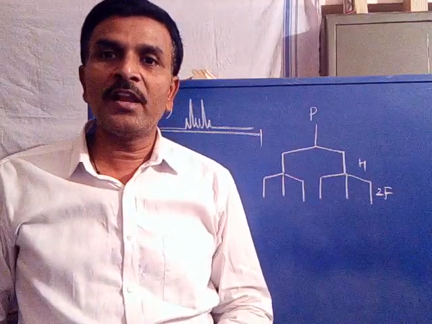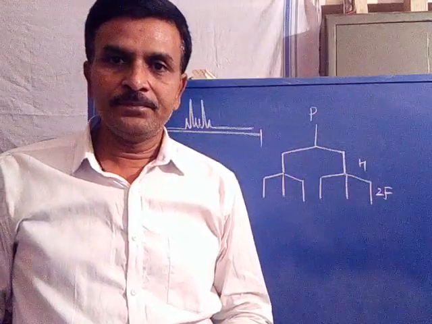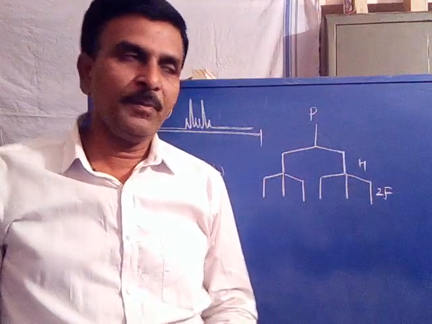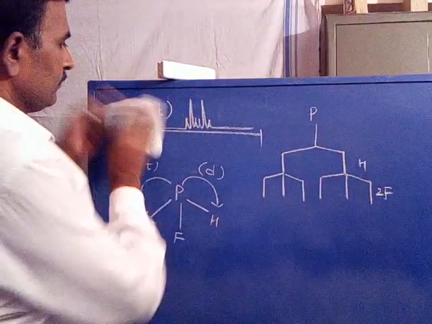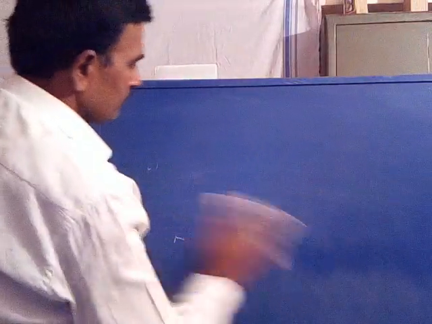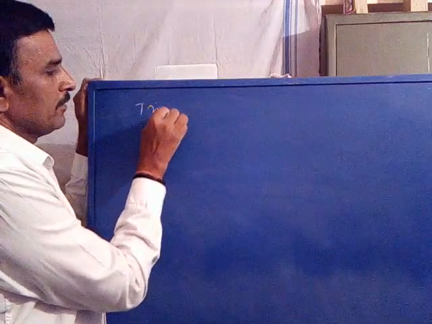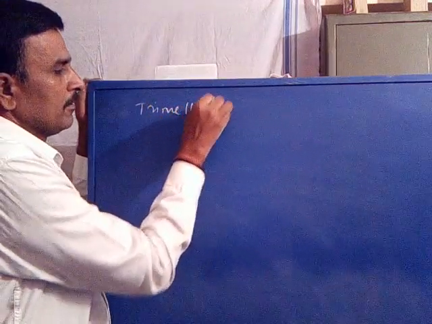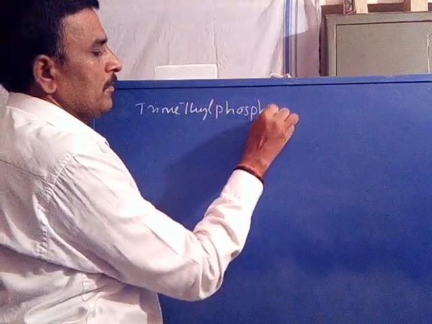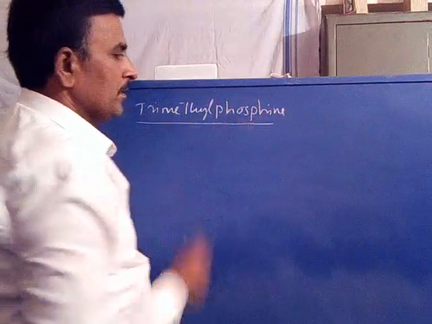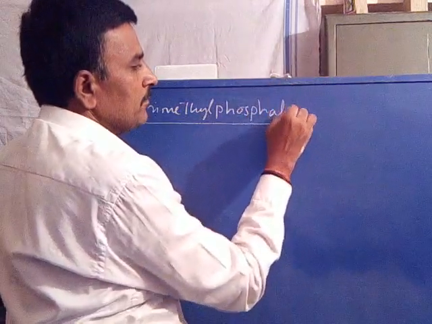Now we have 2 more examples. Trimethyl phosphate, or trimethoxyphosphine. Trimethyl phosphate, not phosphine.